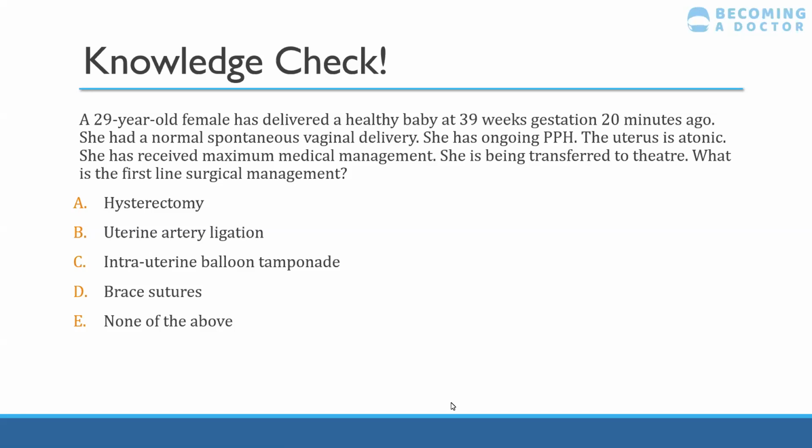Okay, I think most of you have voted again. Let's give it one more second. So most of you correct. The first line surgical treatment would be the intrauterine balloon tamponade. That's what you'd want to try first, once you'd exhausted the medical management.